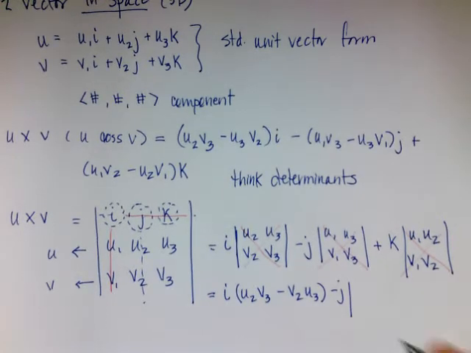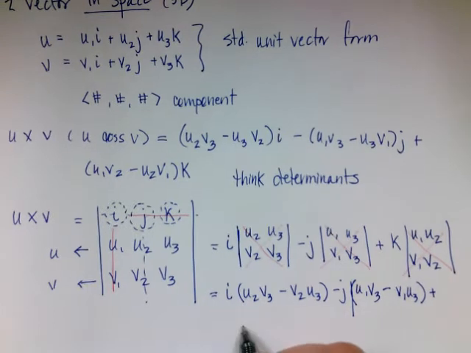So minus j times u1 v3 minus v1 times u3, and then plus k times u1 times v2 minus v1 times u2.